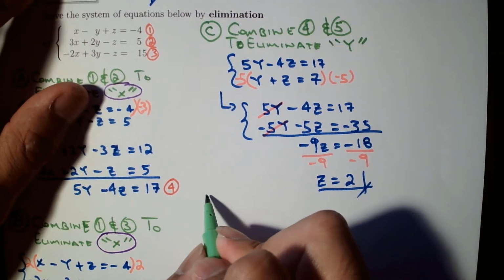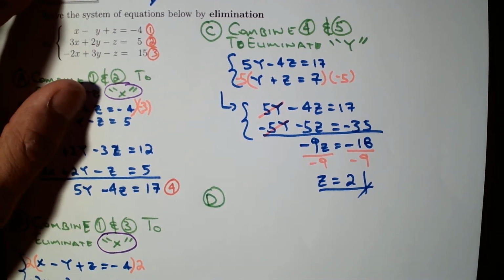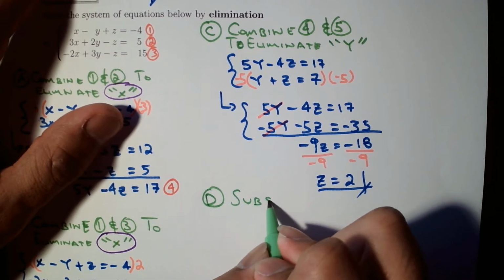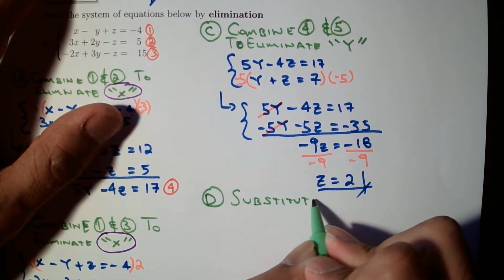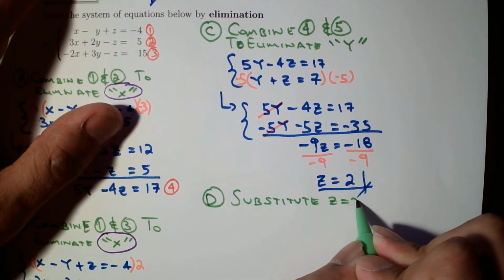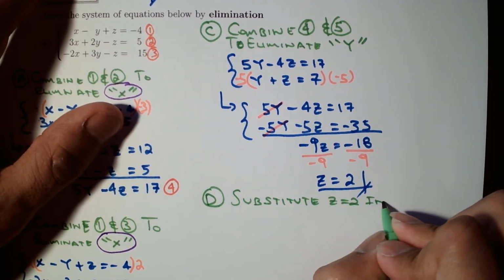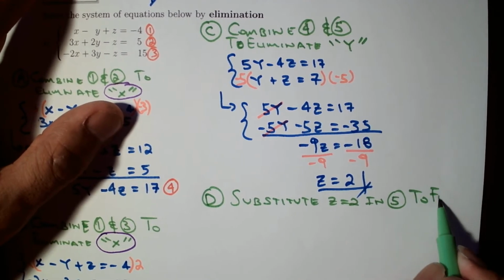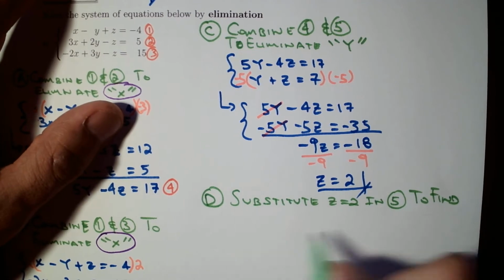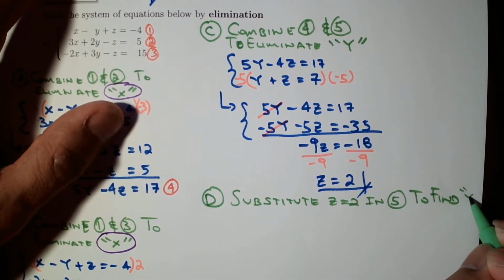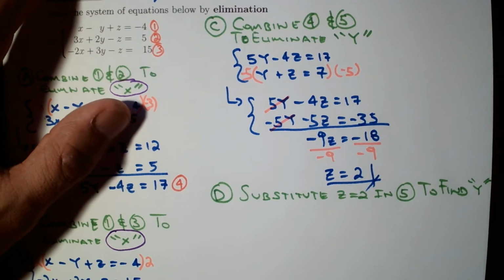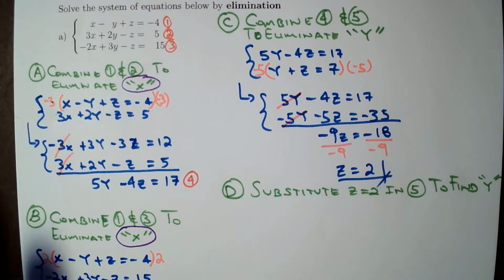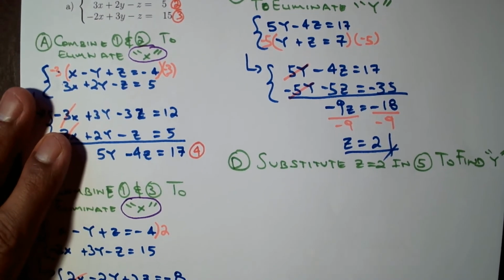So let's call this D. So for D, substitute z equals 2 in 5 to find y. All right, to find y. So what we do, I'm going to write the equation again just so you can see where everything is coming from.